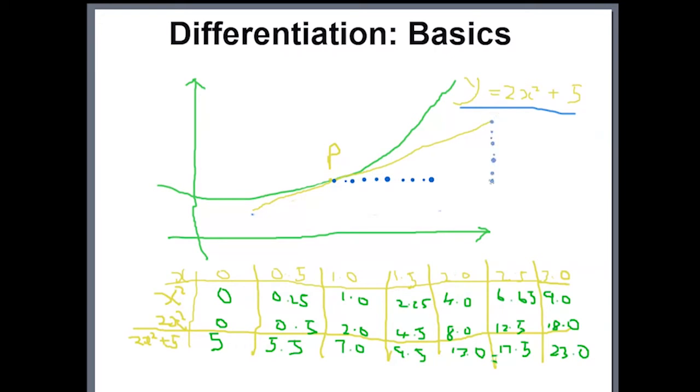So this is going to be your dy dx, this is dx and these are dy. This is the approximation method. Now let's look at the algebraic determination of this.